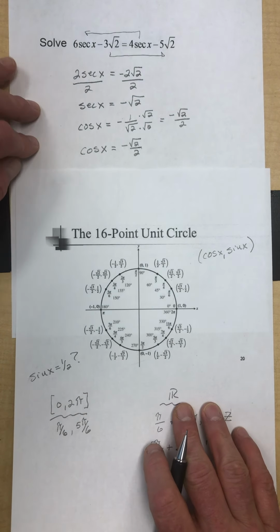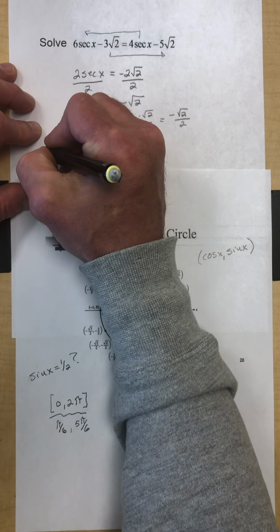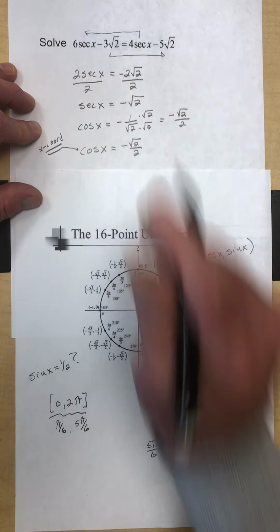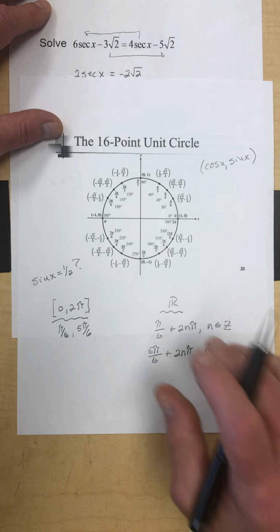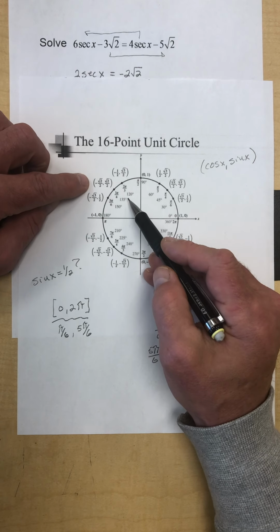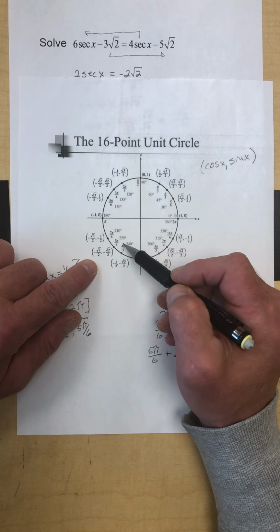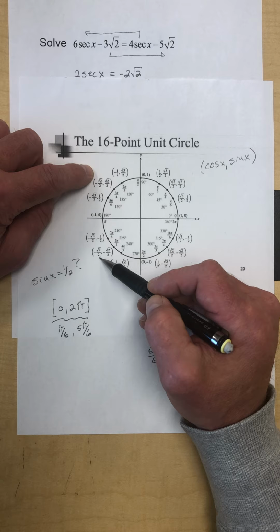Okay, let's see what's going on here. So I want cosine to be negative radical 2 over 2. So remember, this guy right here is your x coordinate. Okay, so when was my x coordinate negative radical 2 over 2? Well, let's see, that'll happen right here at 3 pi over 4. And that'll happen right here at 5 pi over 4. My x coordinate is negative radical 2 over 2 in both of them.